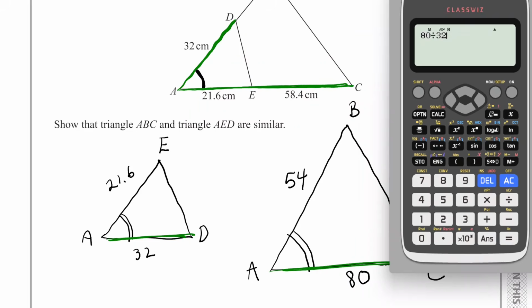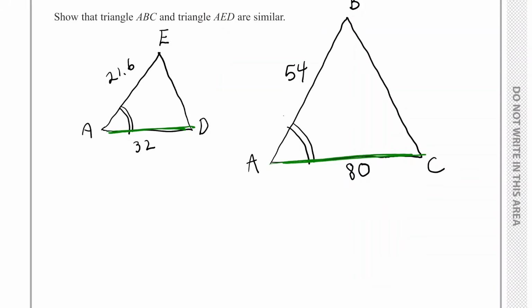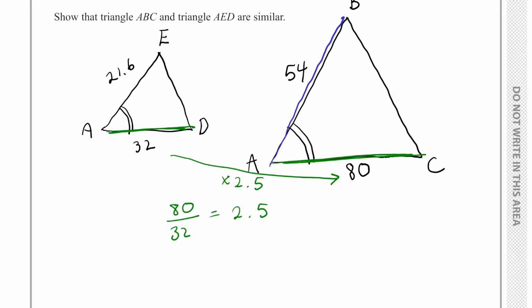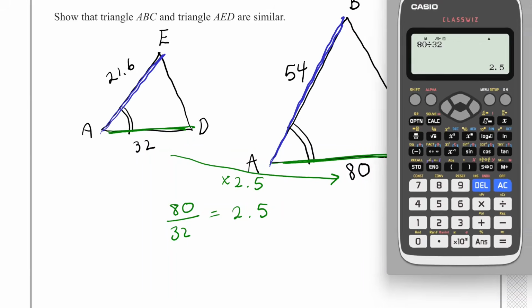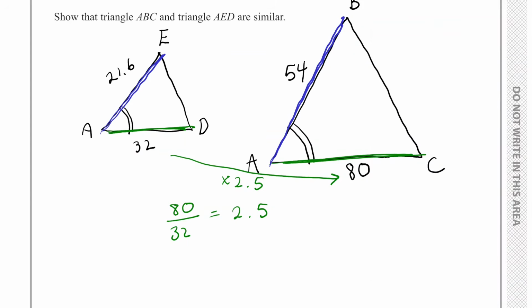80 divided by 32 is 2.5. So it's 2.5 times as big. And then we should get the same scale factor for the other two lengths. So 21.6 times 2.5 gets 54.